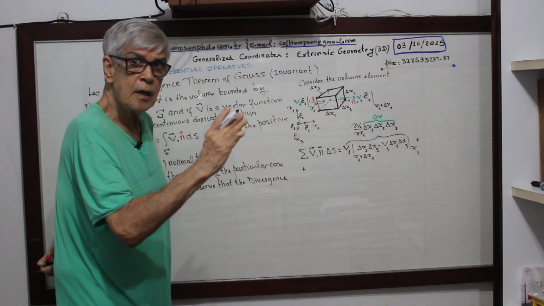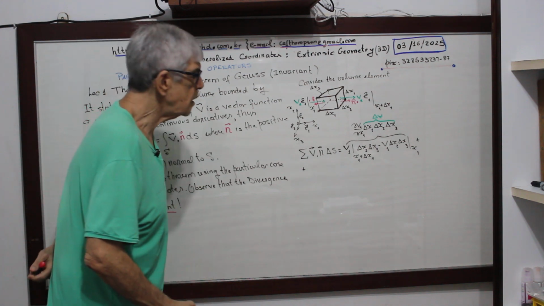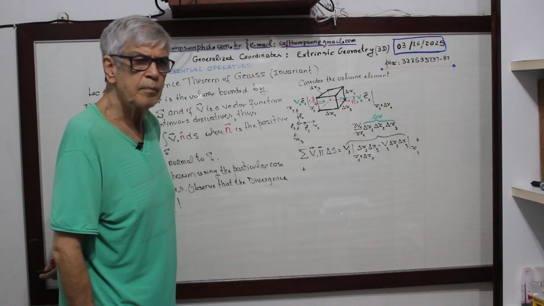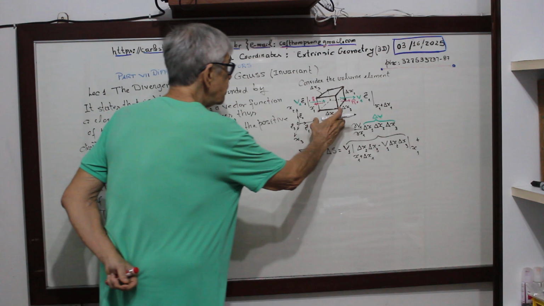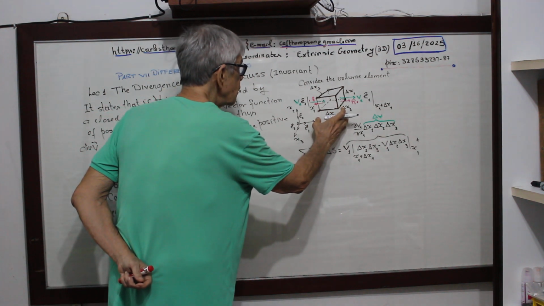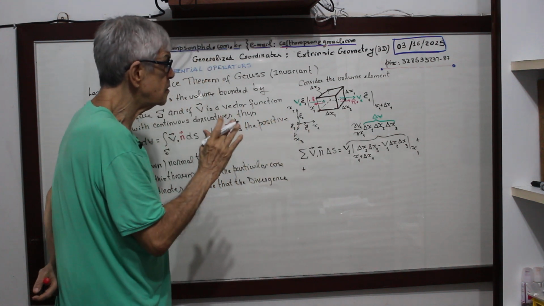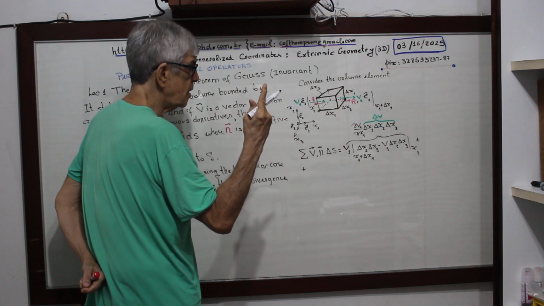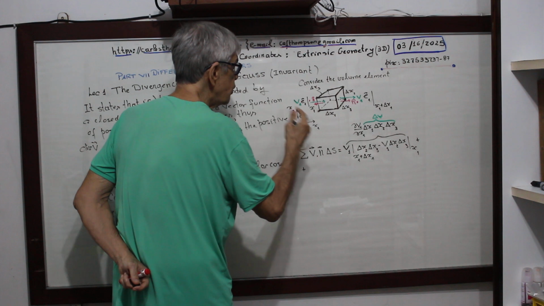Then Ei dot Ej is delta ij, as we saw in the previous lecture. Now, let's consider this element over here. Then you have six faces and one volume.